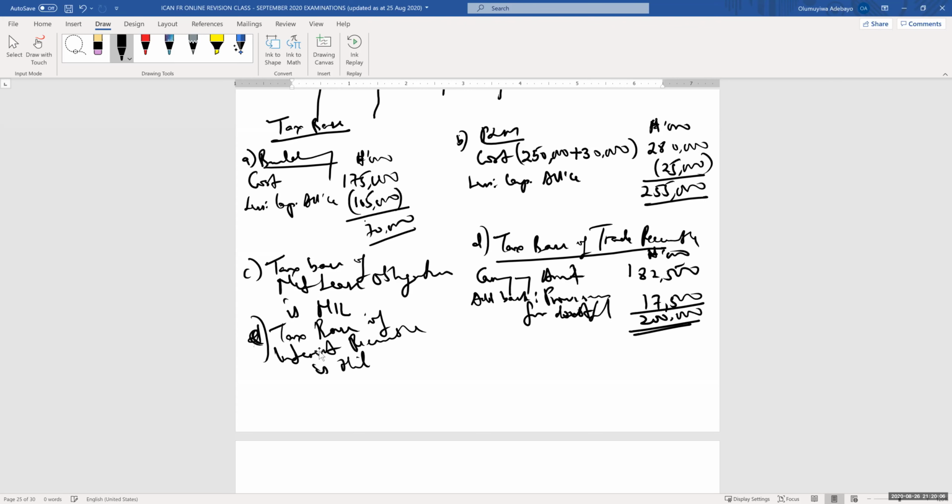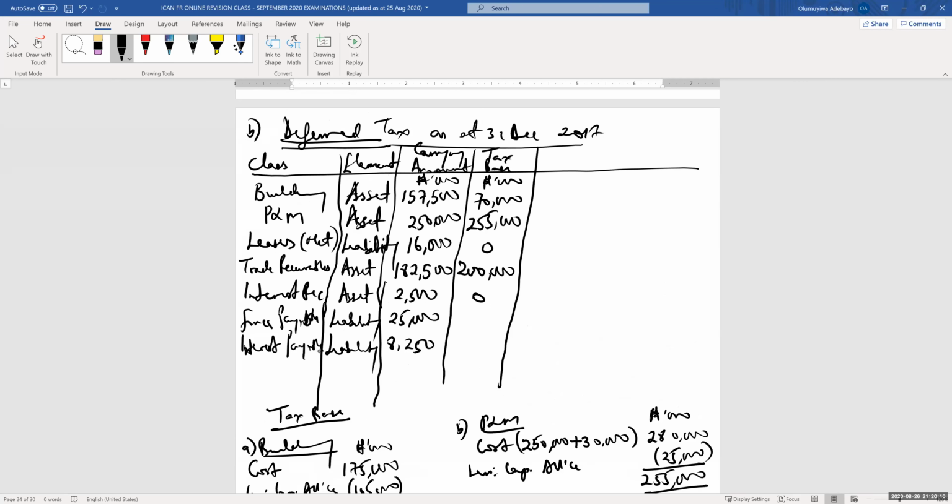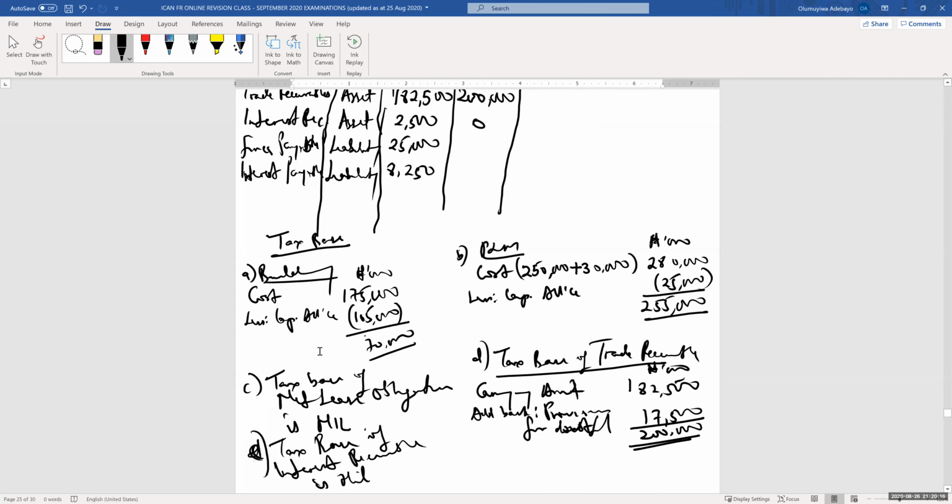What that means is that in that case, we come here and say zero. Now, this knowledge of tax base is where we are going to close out with, which I told you yesterday, that we'll discuss how we define tax base specifically for assets and for liabilities.